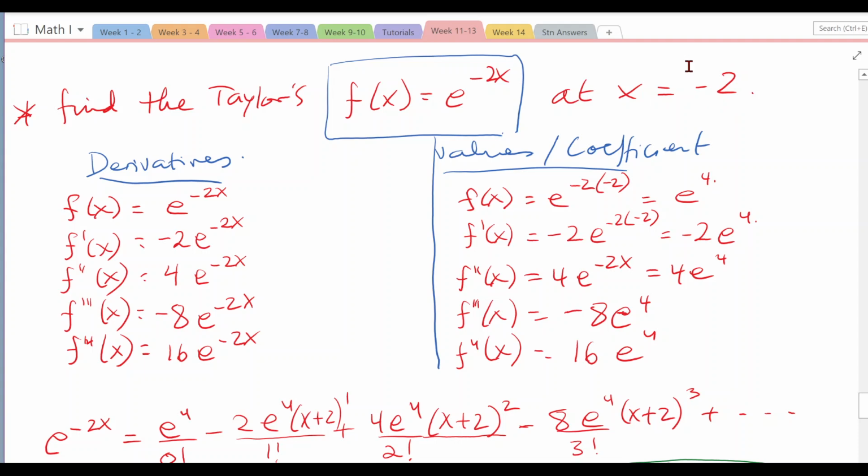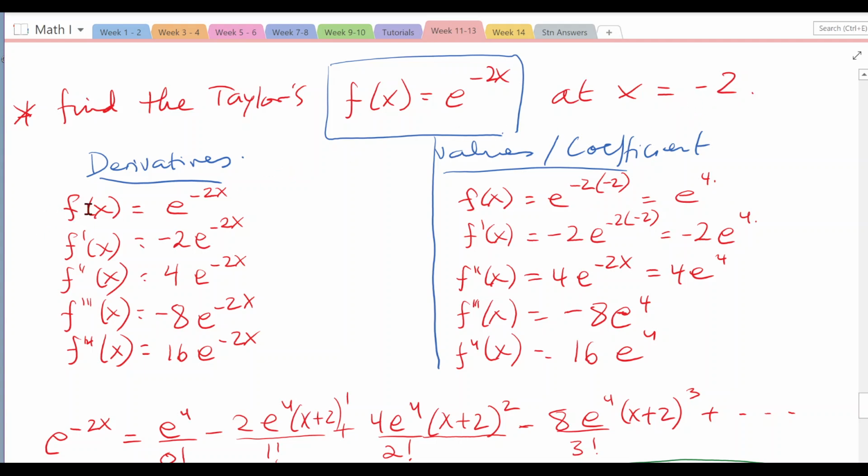So that's the center of this Taylor expansion series. Just like before, we divide our answer area into 2 columns. The first column is the derivative of the function, which is e to the negative 2x, and the right column is the coefficient of the Taylor series at x equals negative 2.